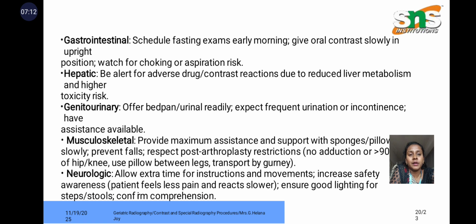For gastrointestinal patients, we have to schedule fasting exams early in the morning and give oral contrast slowly in the upright position, to prevent choking or aspiration risk. For a genitourinary patient, we have to offer a bedpan or urinal readily, because the patient will feel frequent urination. For musculoskeletal patients, we should not adduct the hip or knee of a patient who has undergone surgery.